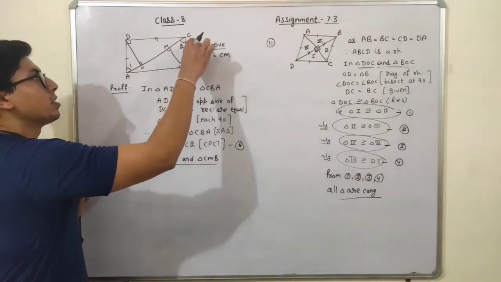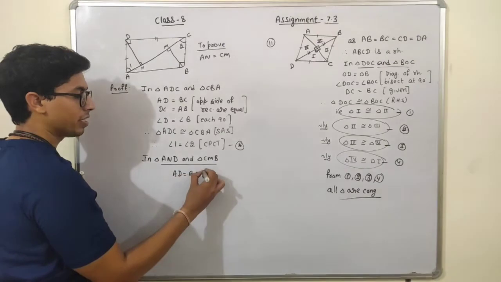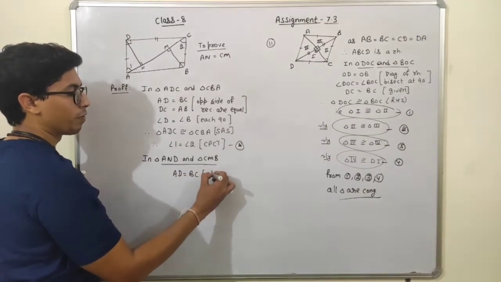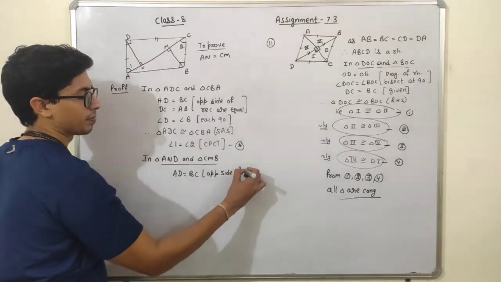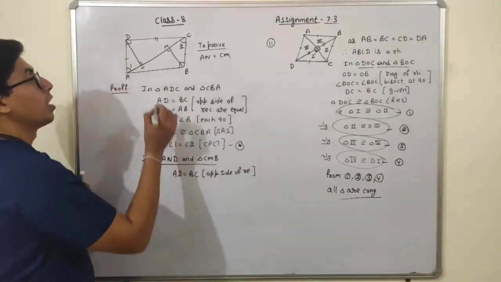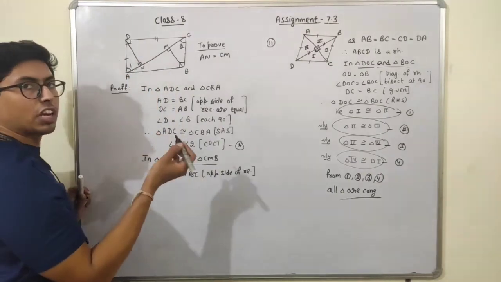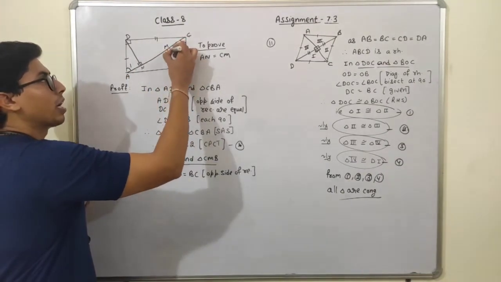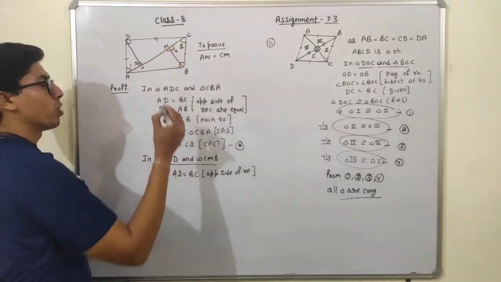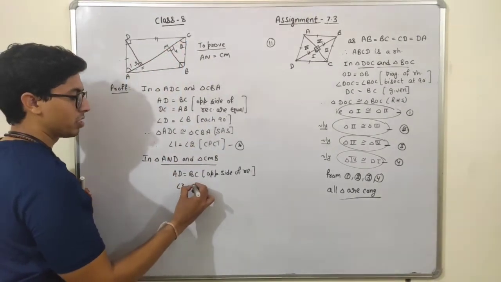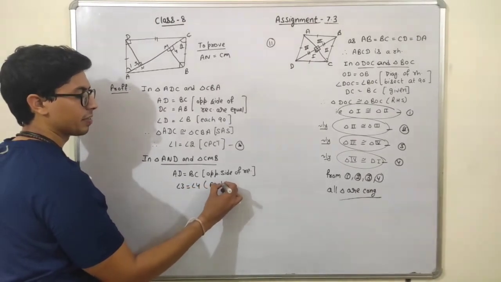AD is equal to BC, opposite sides of a rectangle. Okay. Now, if this is 90 degrees, this will also be 90 degrees because of the linear pair. Also, they are perpendicular. So I can say angle 3 is equal to angle 4, each 90 degrees.